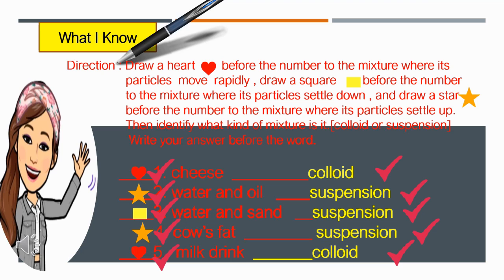Number 5, the word milk drink. You draw a heart, meaning the particles move rapidly. Check. Kind of mixture: colloid. Very good. Congratulations, children.